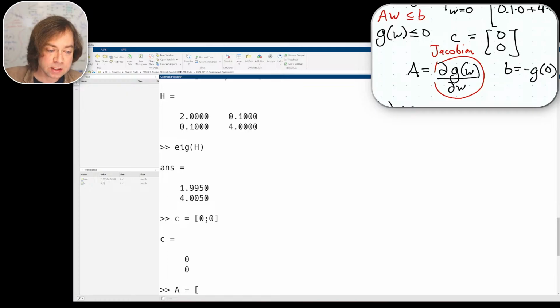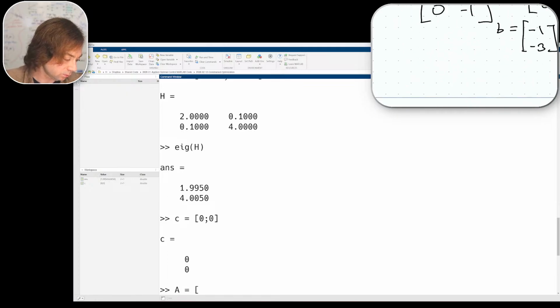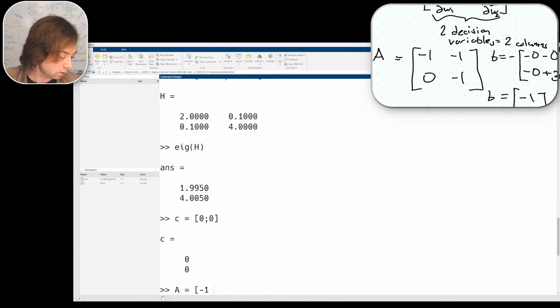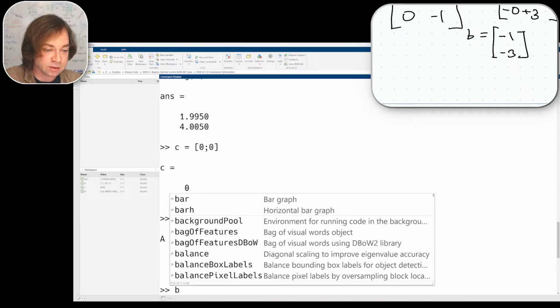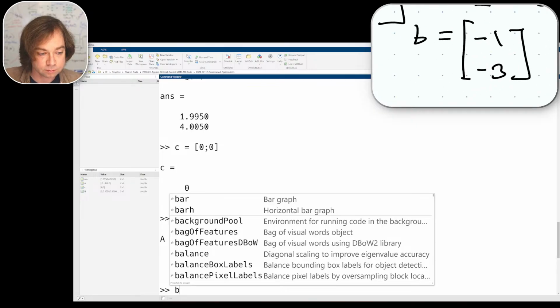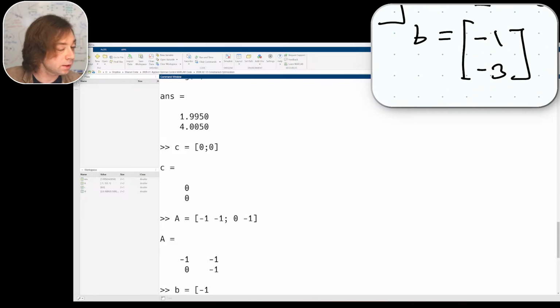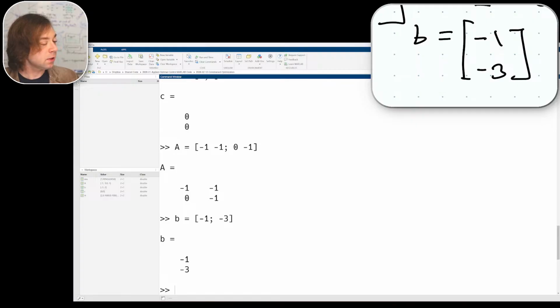Now our A matrix, we have there [-1, -1; 0, -1]. Okay. There we go. And our B vector is right here: [-1; -3]. Okay. There we go. H, C, A, B.